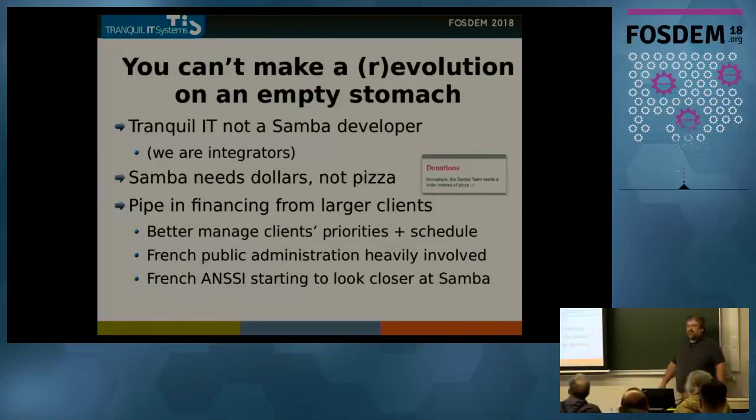And one very good thing is that recently the French ANSSI, the cybersecurity agency of the French government, has been looking in a more detailed way into Samba, in part because of us, because we put Samba everywhere. They want to have better control of that, and so they started to look into it.